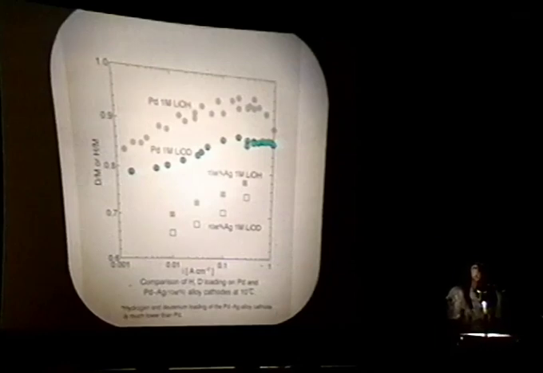The black circles are H/Pd on palladium. The open squares are D/N on palladium silver alloy. The black squares are H/N on palladium silver alloy. Hydrogen and deuterium loading of the palladium silver alloy cathode is much lower than palladium.